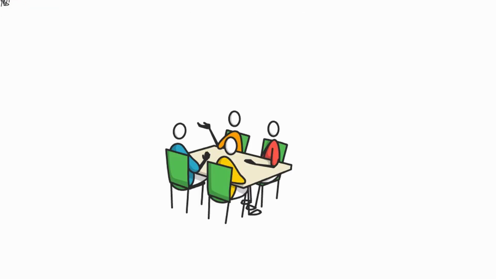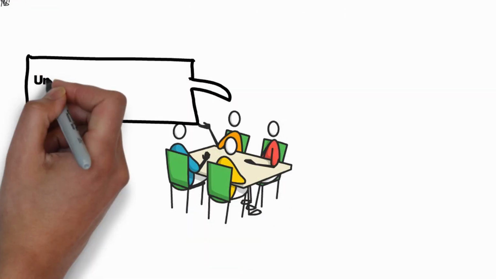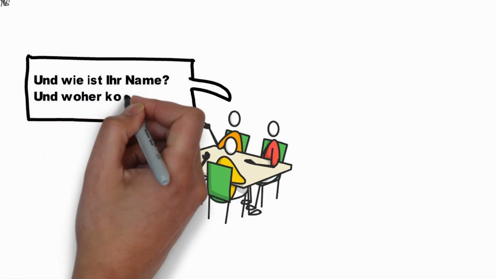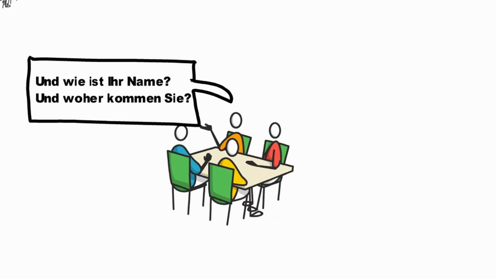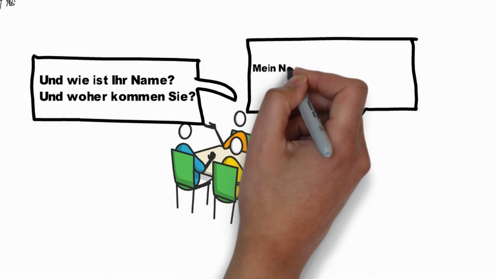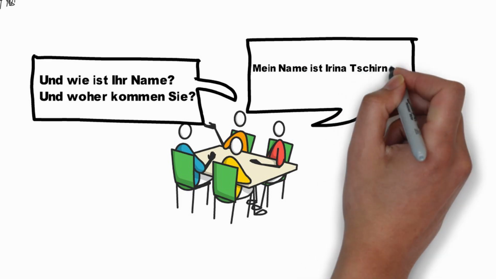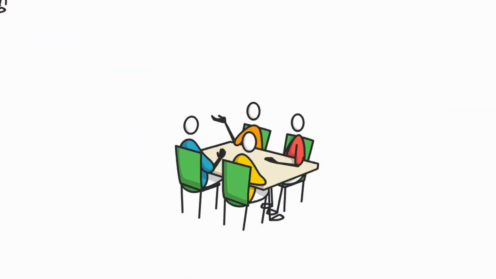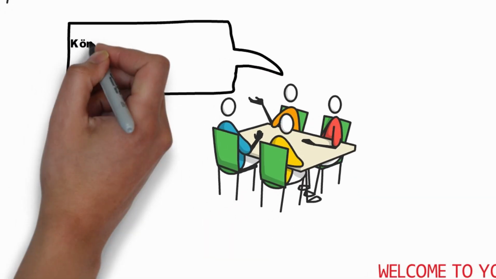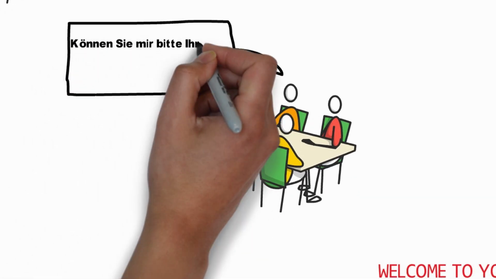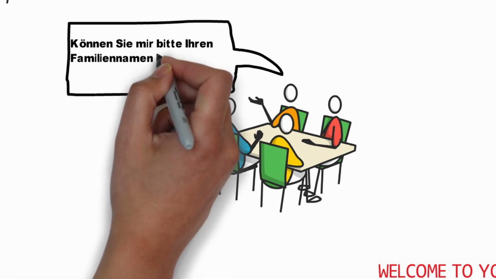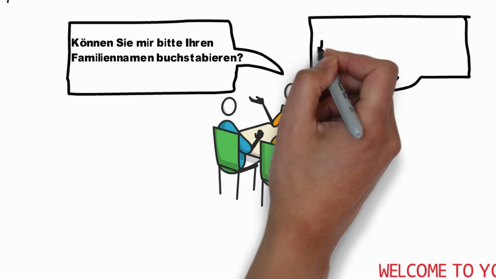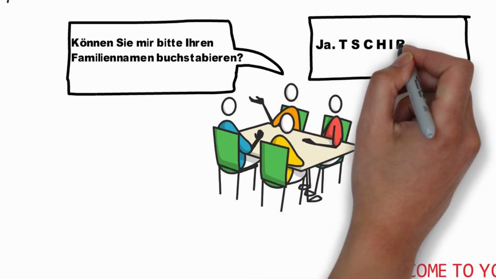He lives in Berlin too. Und wie ist Ihr Name? Und woher kommen Sie? Mein Name ist Irina Tschirnowa. Ich komme aus Russland. Können Sie mir bitte Ihren Familiennamen buchstabieren? Could you please spell me your surname? Ja.